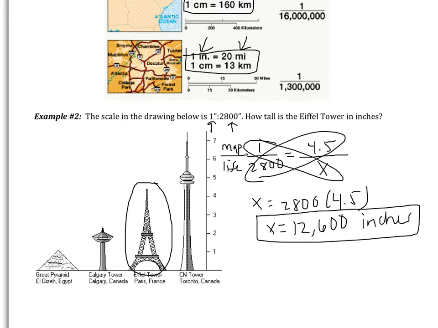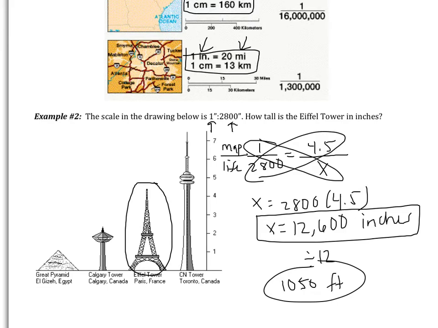Just as a review, though, if you were talking about the Eiffel Tower in real life, I don't think you would be talking about it in inches. So if we divide by 12, we get the Eiffel Tower is 1,050 feet. Now, because this is a drawing, the height might not actually be 1,050 feet.